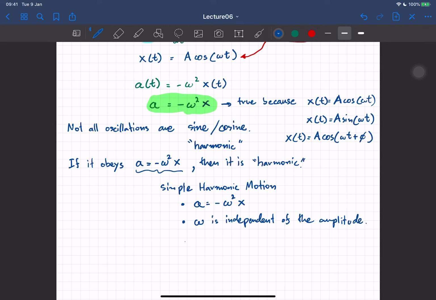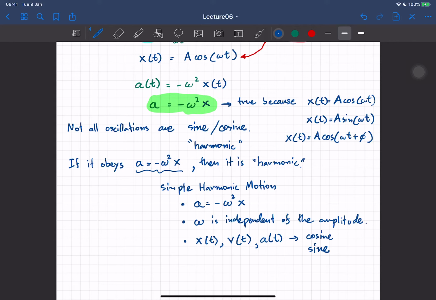And the other thing is x of t, v of t, and a of t are described by cosine or sine, or cosine with the phase factor, right? That's the consequence of this being a simple harmonic motion.